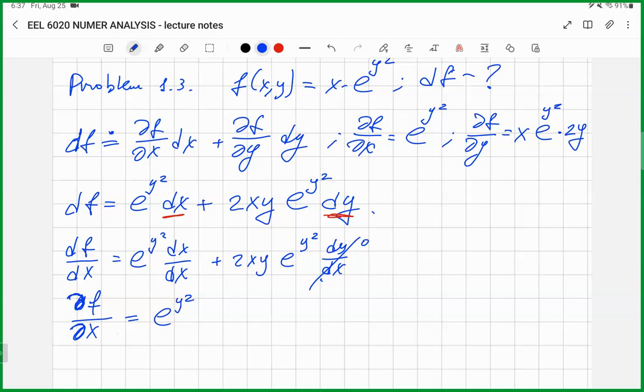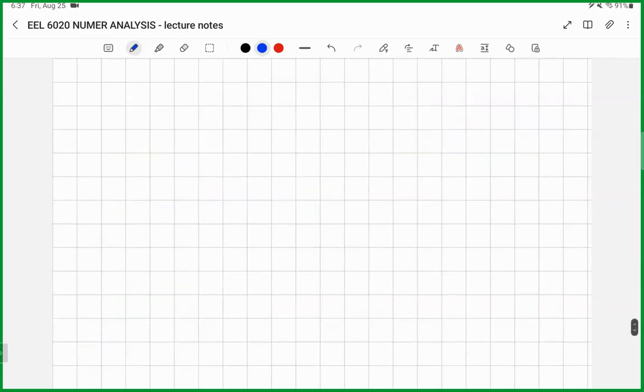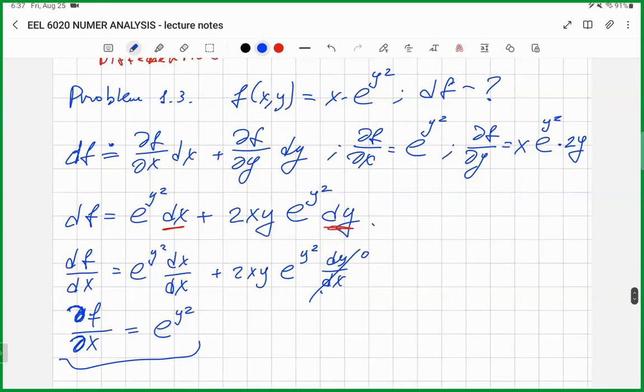But this is just a part of the change of the function, because in the general case both x and y, and if we have z and other arguments, also change simultaneously. In order to keep track of all these changes upon x and upon y, we have to write the change of the function in the form of differential.